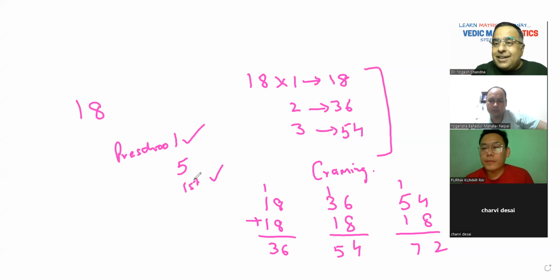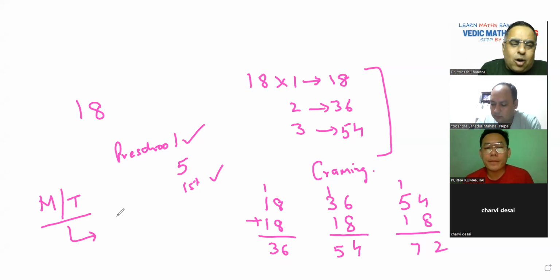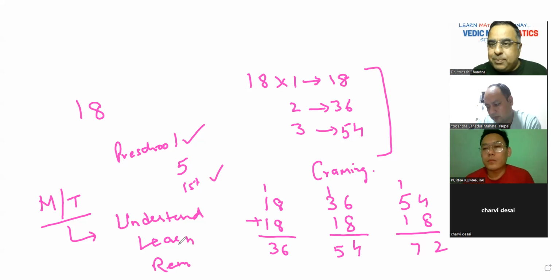Second thing, mothers or teachers, what do we teach? We teach a child to always understand a concept, learn, and then you'll remember. First, understand the concept. Don't cram. This is what we usually teach.